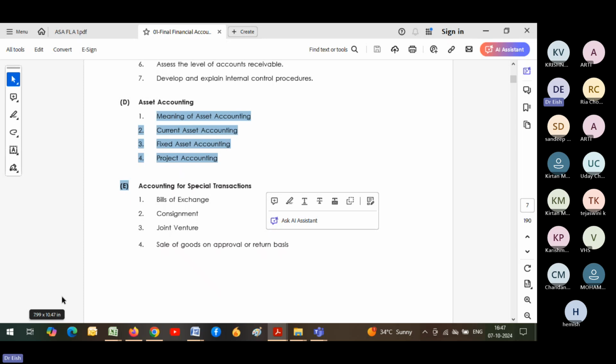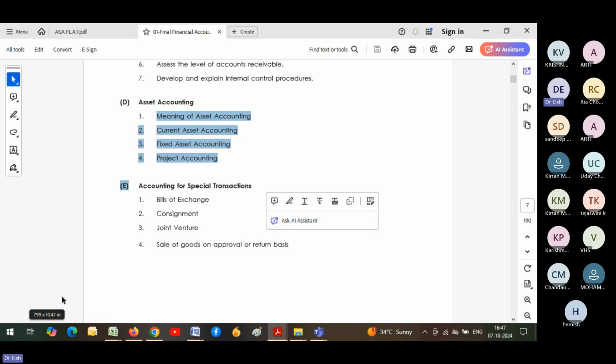For example, the total sales is 5 crore and the customer has signed the bill of exchange for 5 crore, and I will get 4.9 crore; 10 lakh is the bank's commission. So the bank takes commission from the bill of exchange and returns me the balance. Okay, that is bill of exchange.